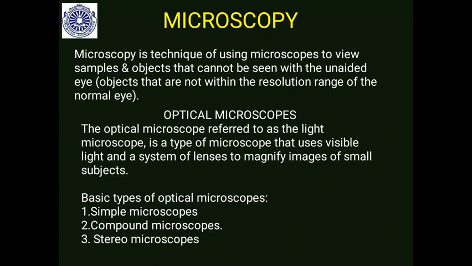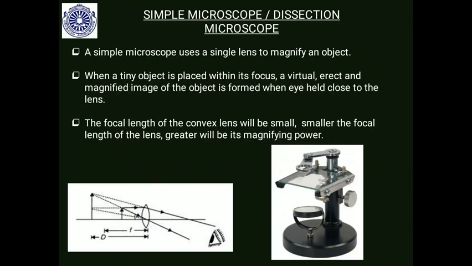These three basic types you are going to study here, or are using constantly in our lab: the simple microscope or dissection microscope, the compound microscope or light microscope, and the stereo microscope. This is a simple microscope, or else it is called a dissection microscope. You might have seen this already.